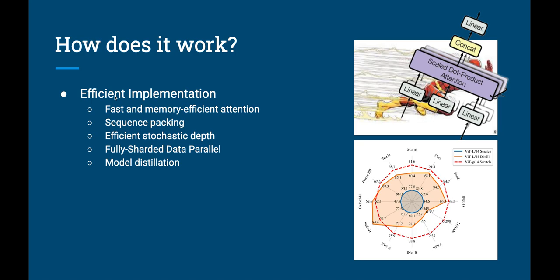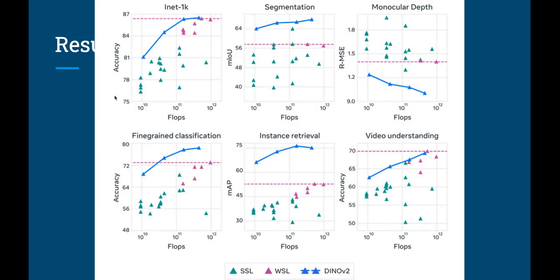And after all this training, here are the results. To test it out, the researchers basically built very similar linear classifiers on top of the frozen DINOv2 backbones for different tasks, like classification, segmentation, monocular depth, instance retrieval and video understanding, and they found that it performs really, really well.